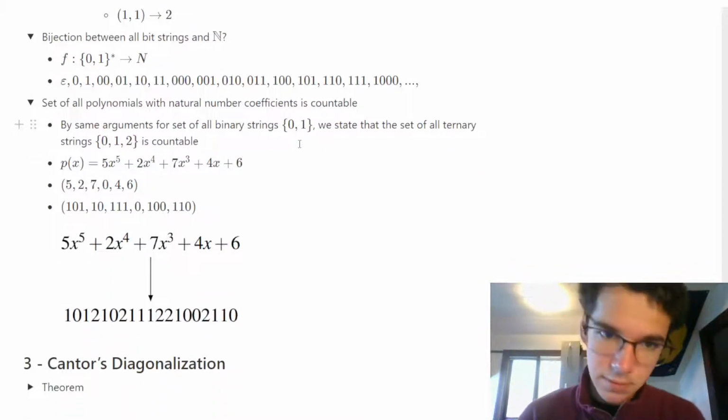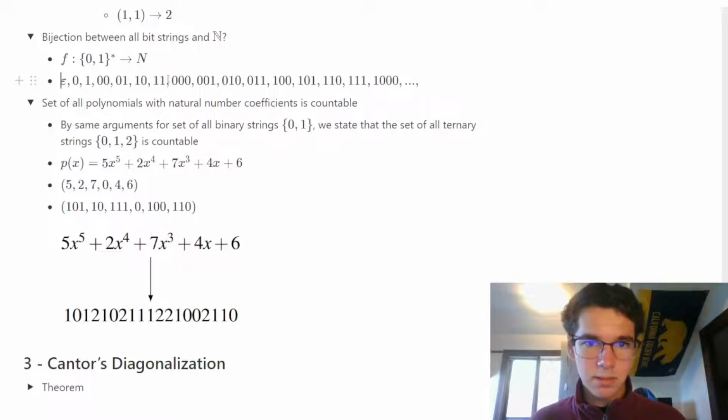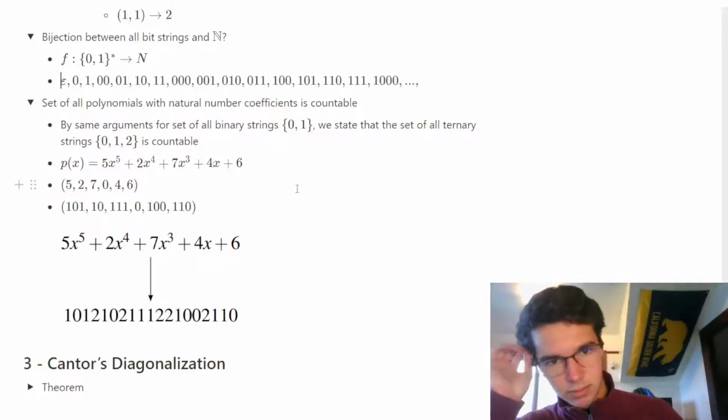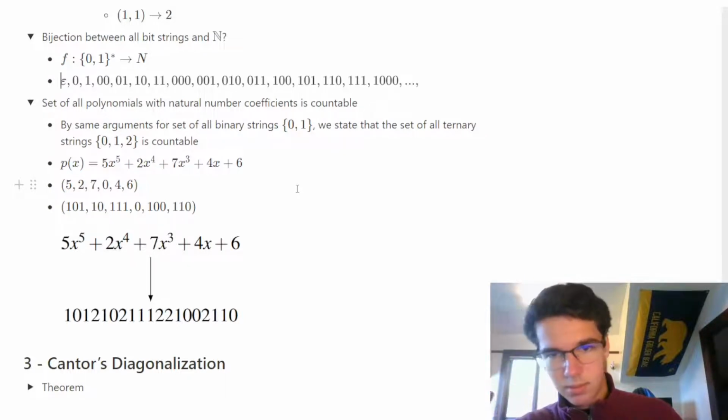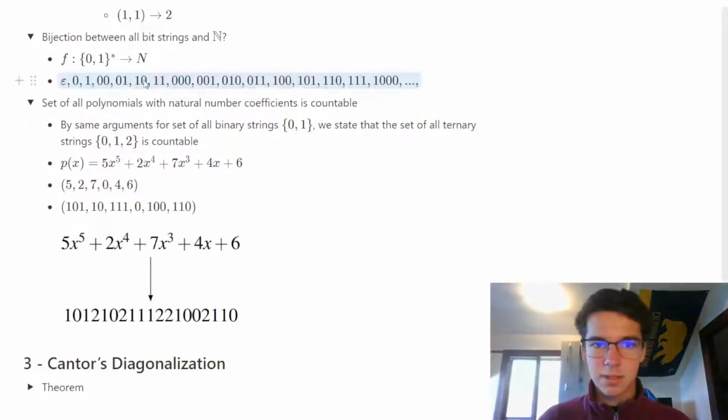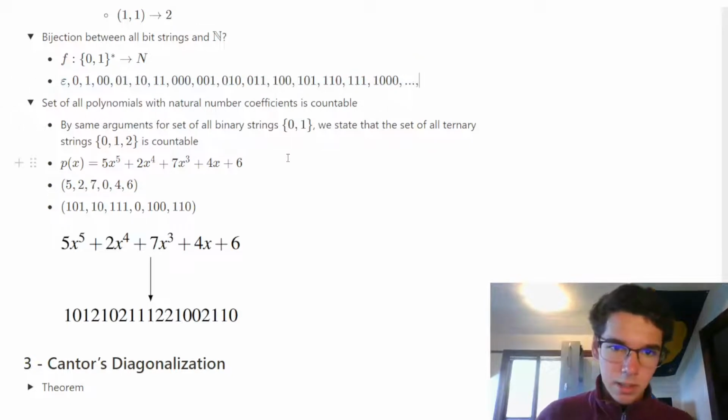So we're going to sort of use this argument up here, and we're going to expand it out to now say that the set of all ternary strings, or strings that can be made with 0, 1, and 2, is countable. I mean, it sort of follows from the same logic. So this, you can just create a one-to-one mapping.